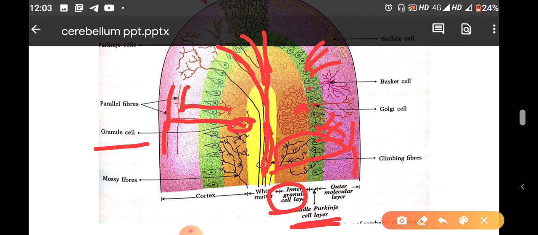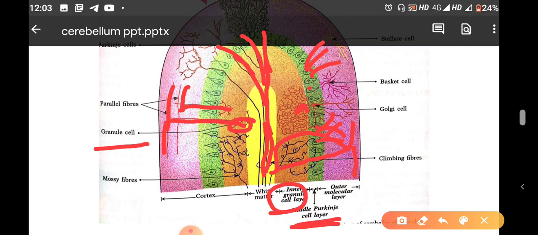Granule cells are very small and numerous. Axons of the granule cells ascend into the molecular layer and form parallel fibers, which make excitatory synapses with the dendrites of Purkinje cells, stellate cells, basket cells and Golgi cells.